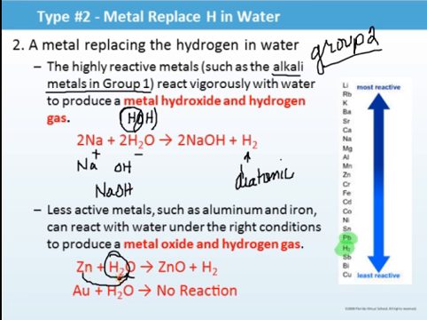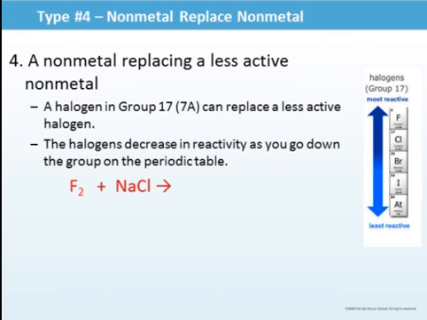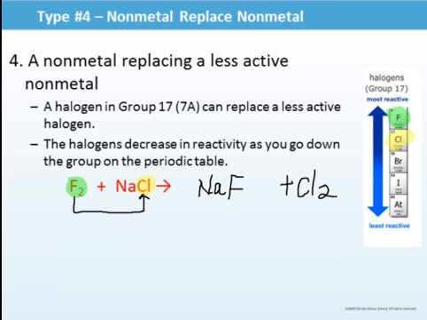The fourth type is a little bit special also, because we're going to see a non-metal replacing a less active non-metal. So we need to find fluorine and chlorine. Fluorine is higher than chlorine, so we're going to get sodium and fluoride to come and form a bond together.